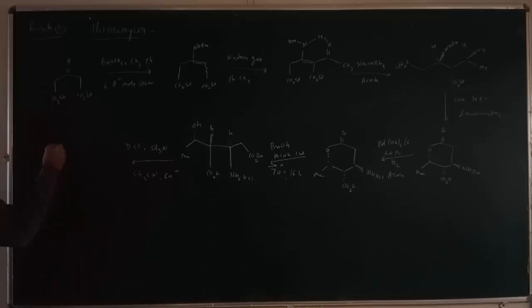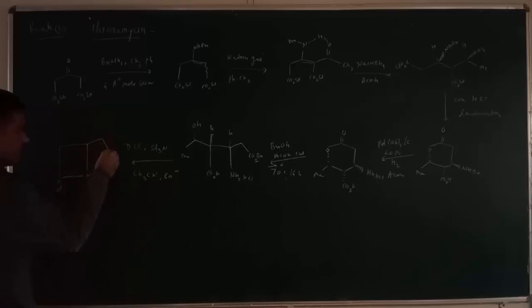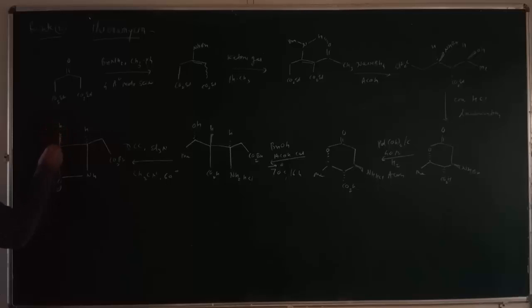So it undergoes cyclization, and the cyclic product will be like this. It contains this NH group, this is the carbonyl group, then this is the CO2Bn group. So this is the hydrogen, and this is the methyl group, and this is the hydrogen, right? So we get such an intermediate, and this intermediate will be obtained in the crystalline form, and it is called a beta lactam.